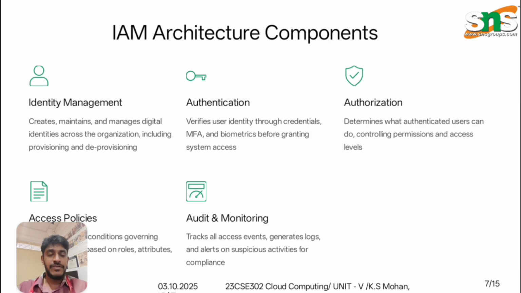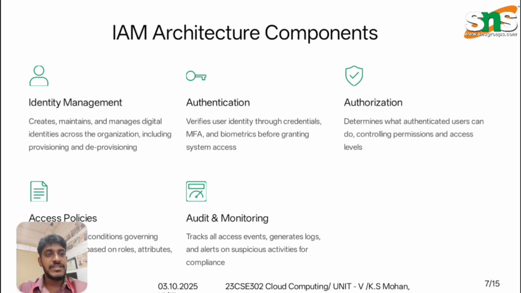These are the IAM architecture components listed here. First is identity management: who is that particular person? We have to identify that, so identity management plays a vital role in cloud security. Next is authentication: verifying through credentials, MFA, and biometrics before granting system access.